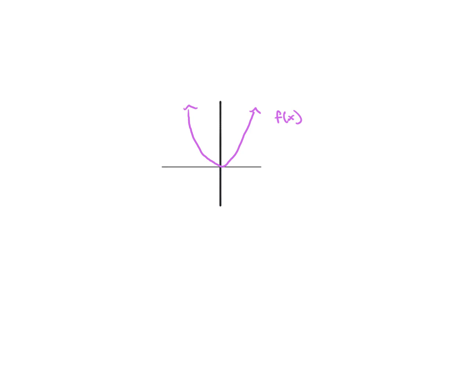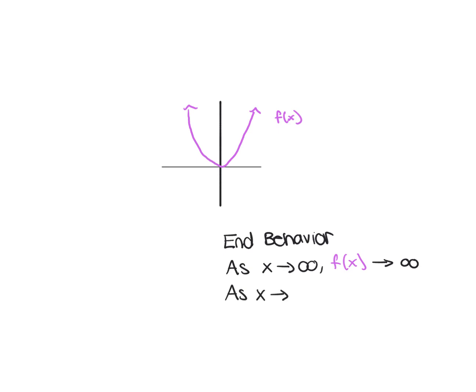So if we were describing the end behavior of this, we would say as x goes to infinity, f of x goes towards infinity, and then as x goes towards negative infinity, f of x also goes towards infinity.